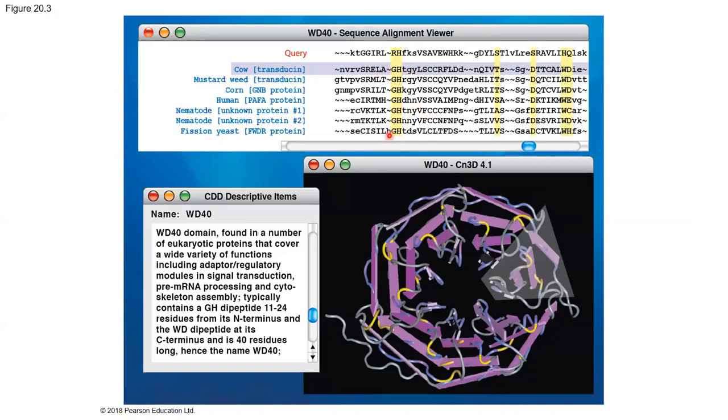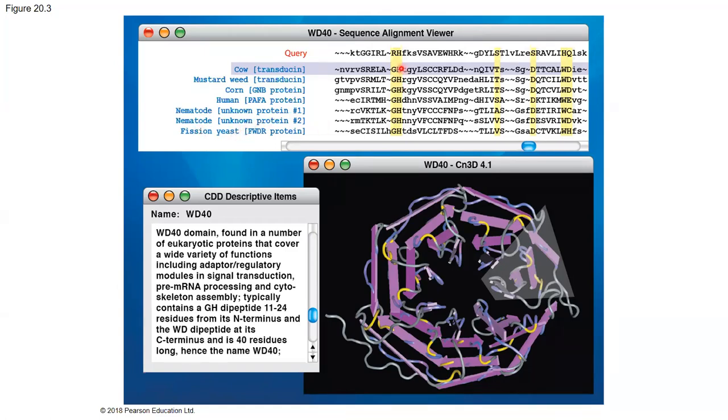Also, there is a software that allows us to compare the protein and DNA sequences from different organisms. This is a figure that shows a software comparing the sequences for a protein called WD40. WD40 is a protein found in most eukaryotes. As you can see here, we have a comparison between the same protein from different organisms: from cow, from a weed, from corn, from humans, from nematode, which is a type of worm, and from yeast.